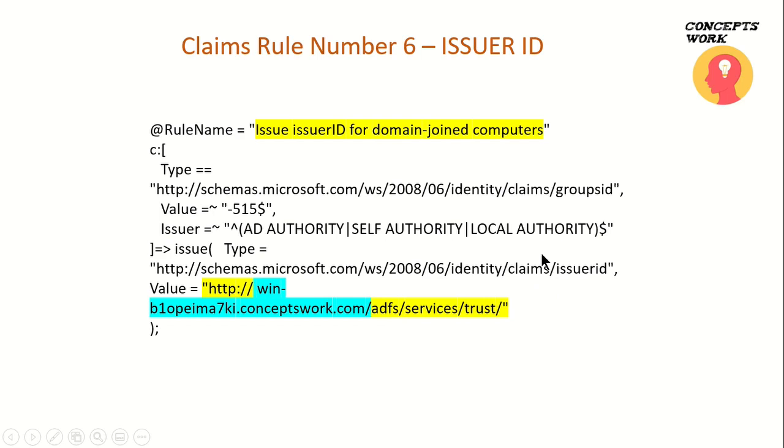But you can think of something here. In my case, I've mentioned the host name conceptswork.com because in my scenario, ADFS is federated, or I have only one single top level federated domain.